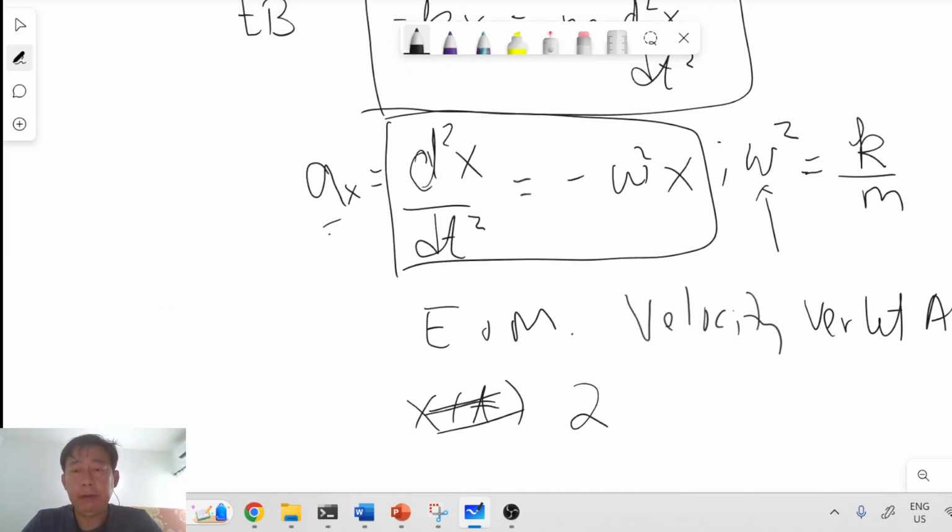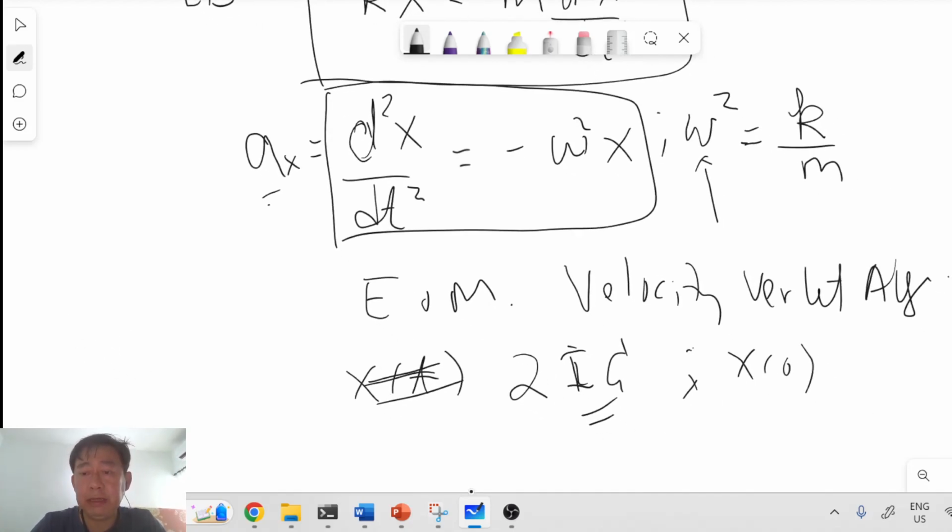for a system that is described by Newton's second law. Newton's second law is a second order differential equation. Therefore, you need to provide two initial conditions. I write it as IC, standing for initial condition. One initial condition is the position at time t equals 0, which I denote as x0.